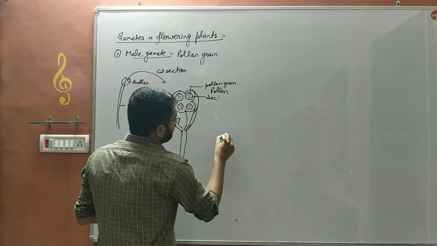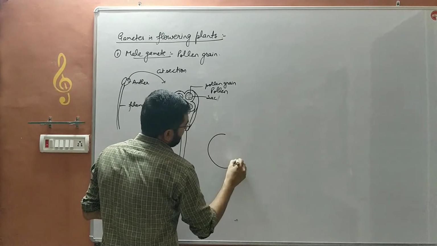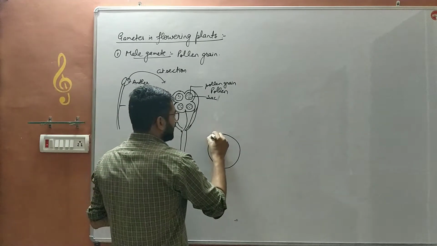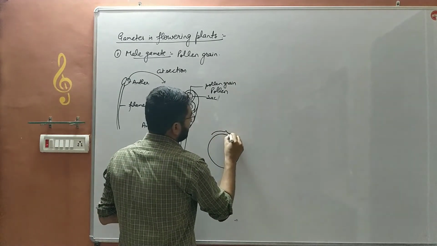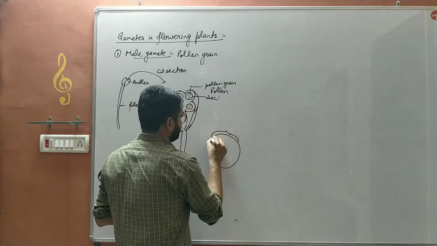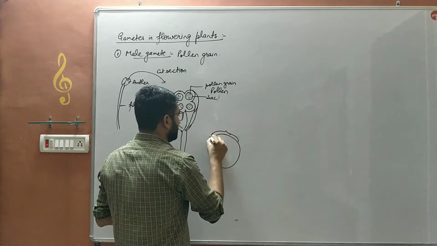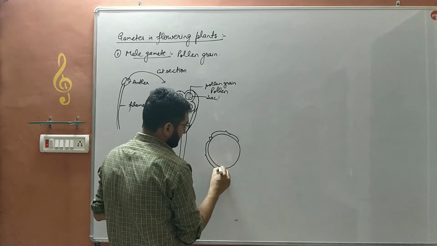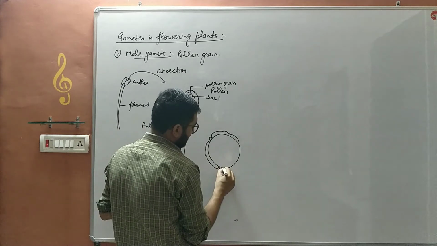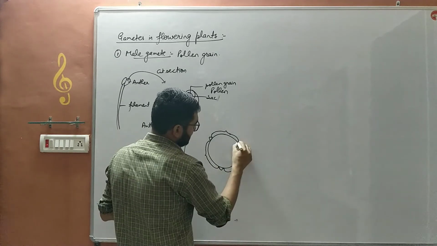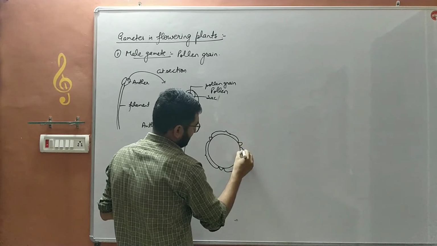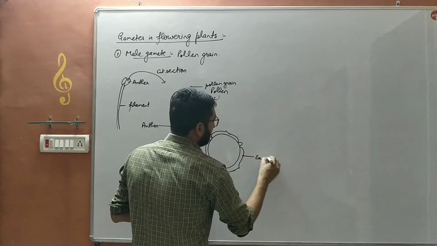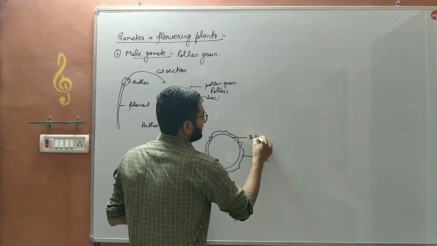If we observe closely, a pollen grain is a somewhat spherical structure composed of two protective layers over it. The outer layer is known as exine and the inner layer is known as intine.